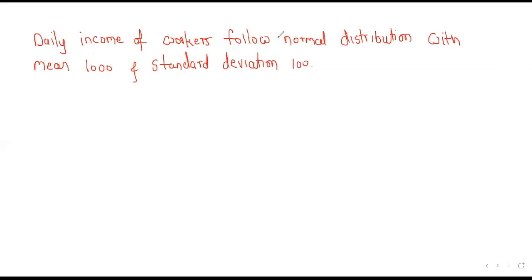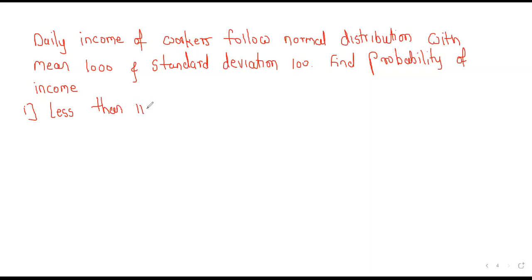Find probability of income: first, less than 1100; second, more than 1100; and third, less than 790.